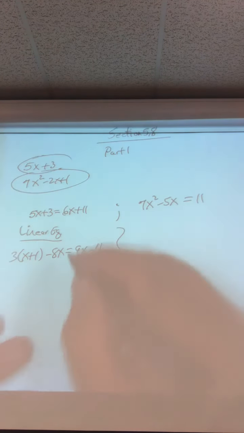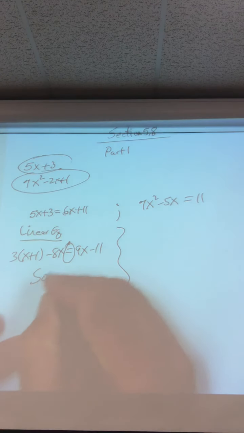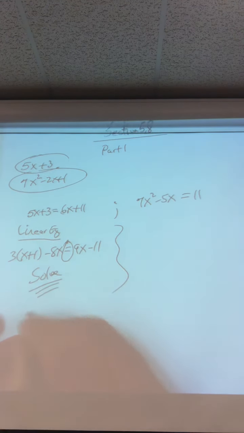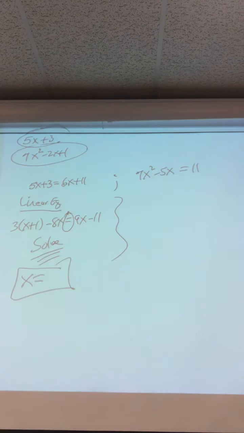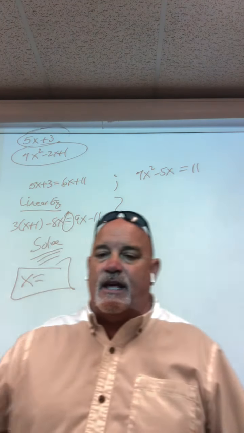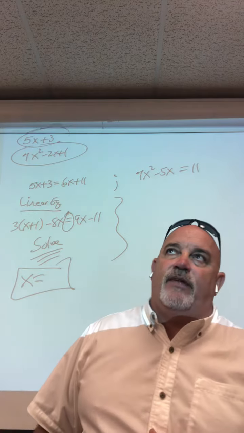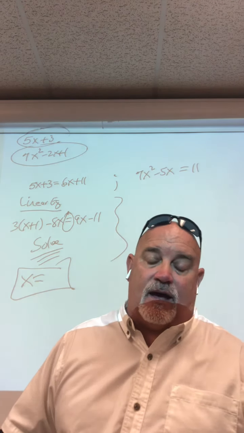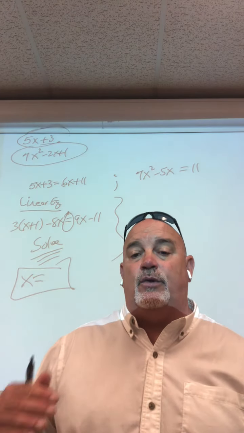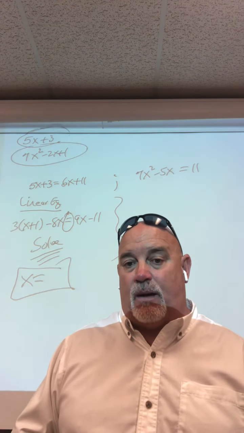Now, what do we do to equations? We solve it. In other words, we find the answer for x that makes it true. Now, we don't solve problems if they're not equations. Think about the last 30, 40, 50 examples that I did with you in chapter 5. Did I ever ask you to solve any of those problems?